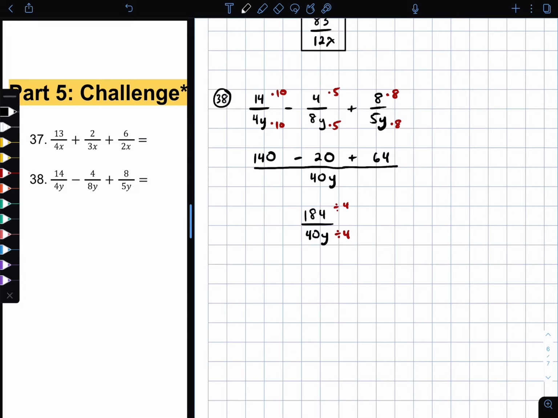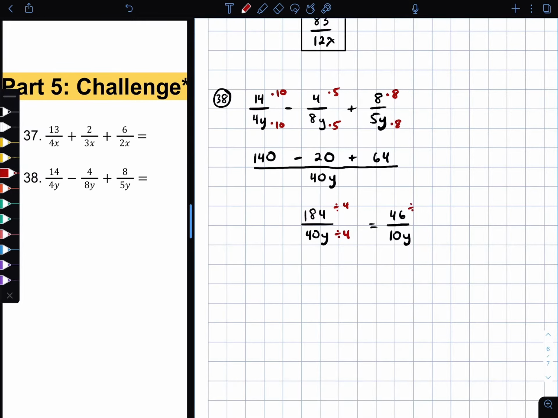So I think this is going to be 46 over 10y. And yeah, I should have divided by 8 instead. 92, 46. No worries. I guess I didn't get the GCF. Could have done 8, I didn't think of it. That's going to be 23 over 5y.